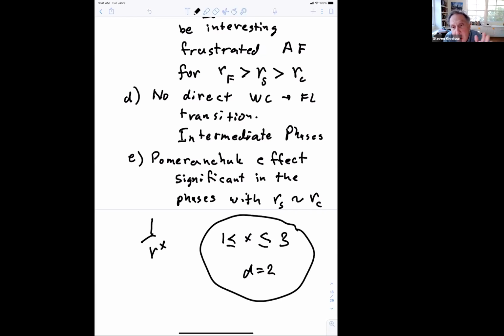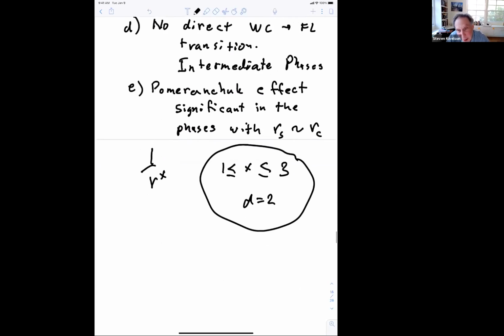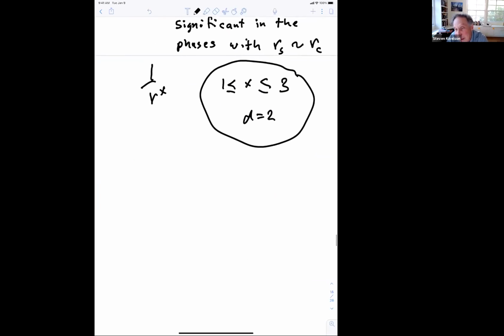Right. So that's a really good question. I've been thinking about that. As r_s goes to infinity, and as the electrons get very far apart, it has no effect. That's correct, right? But as r_s gets to be finite, the fluctuations about the Wigner crystal site become anisotropic.